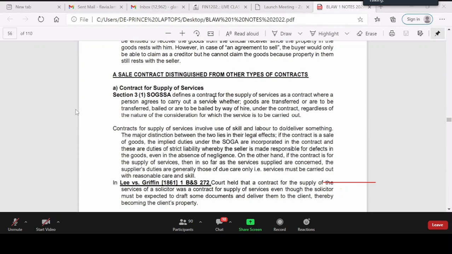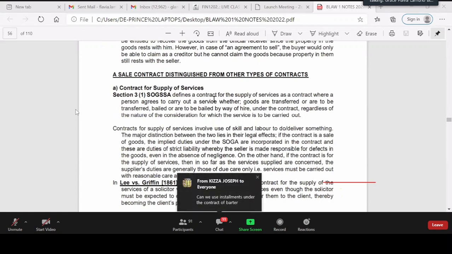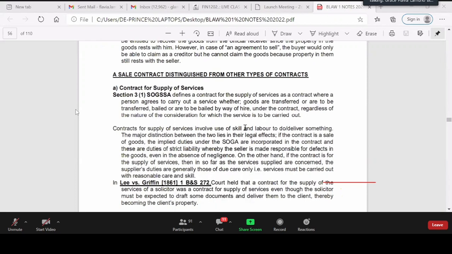So for now, it is still in cash. So for the other question on hire purchase, maybe they will clarify, because they have not understood clearly what was being asked. Anything else?